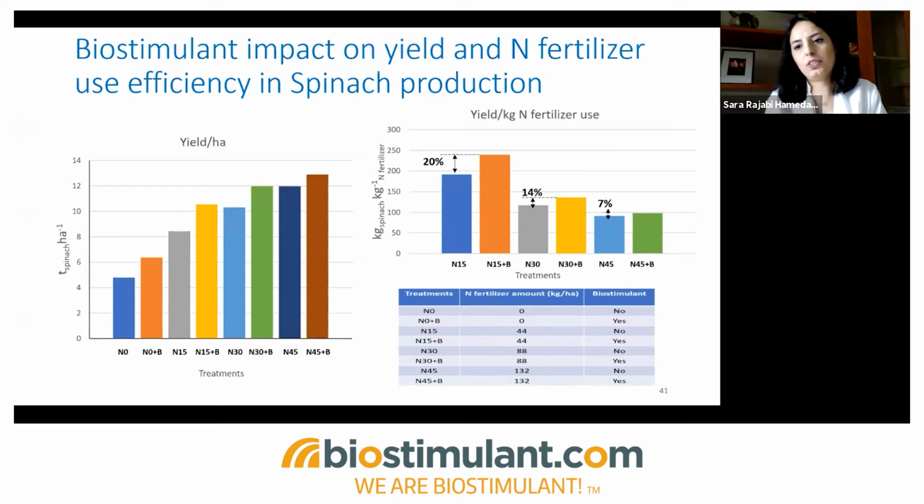So the highest spinach yield was obtained in treatment with higher nitrogen fertilizer and biostimulant application, but the lowest one belongs to the treatment with neither biostimulant application nor nitrogen fertilizer use. The nitrogen use efficiency also was higher in the treatment with biostimulant application compared to those with only mineral fertigation.